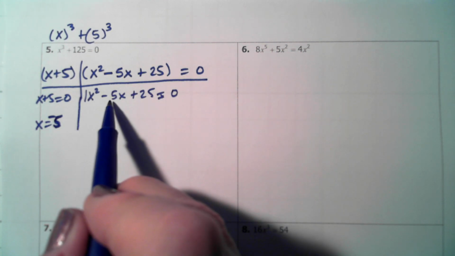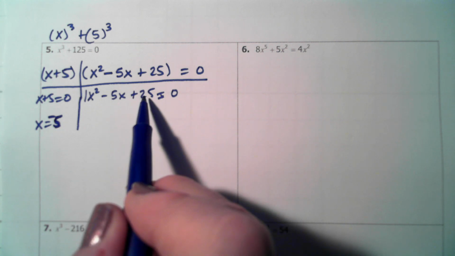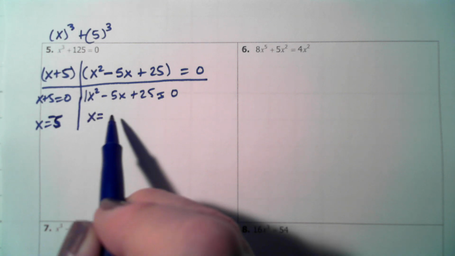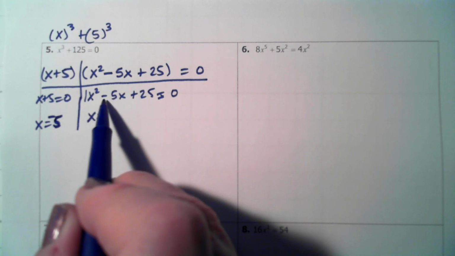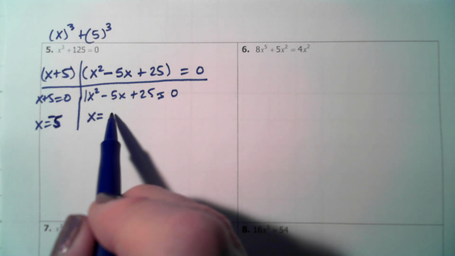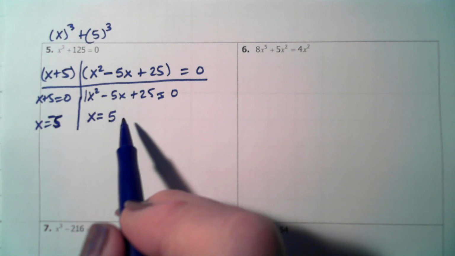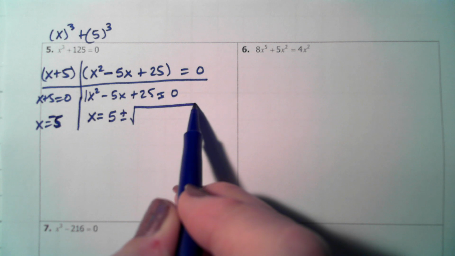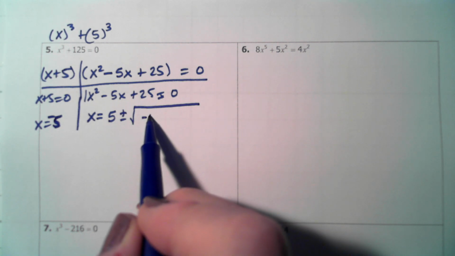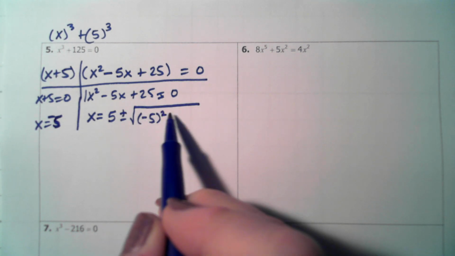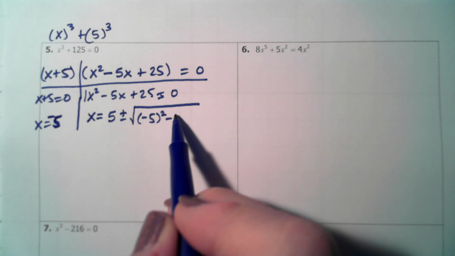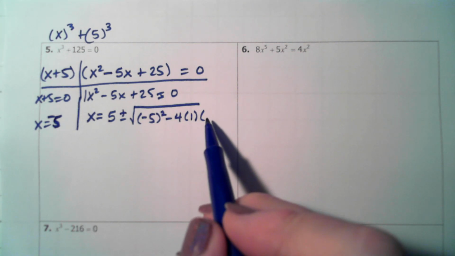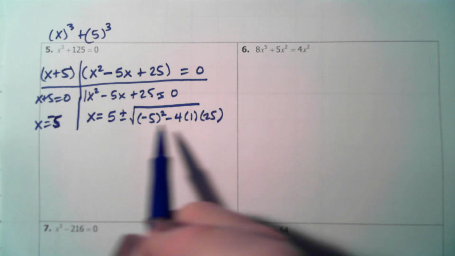My a is 1, my b is negative 5, my c is 25, and the quadratic formula is x equal to the opposite of b, negative b, so that's negative 5, which is positive 5, plus or minus the square root of b squared, negative 5 squared, minus 4 times a, which is 1, times c, which is 25.